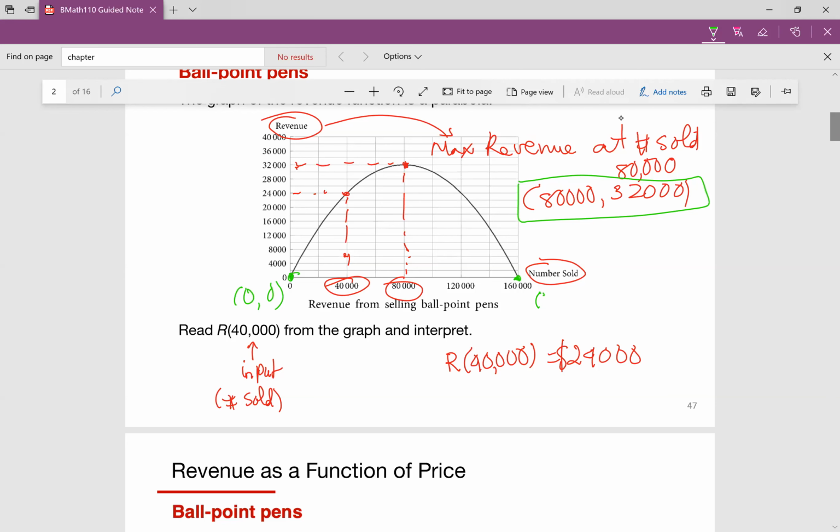So if you open a business, you should know that sometimes even with a huge amount sold, it still could not make any revenues. Okay, let me move to the next page. I should also write this one is 0.